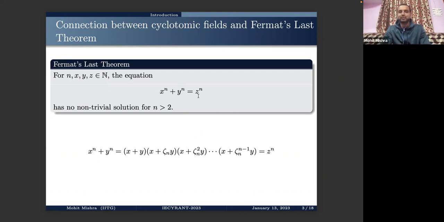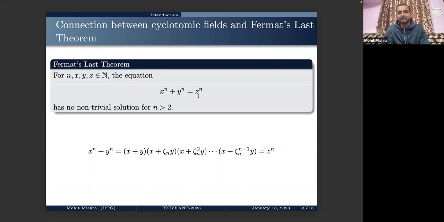And such primes are called regular primes. The primes which divide the class number of Q(zeta_p) are known as irregular primes. It has been already proved that there are infinitely many irregular primes, and it is conjectured that there are infinitely many regular primes.